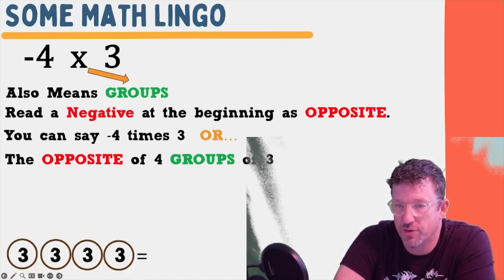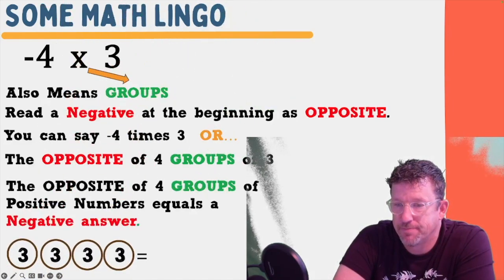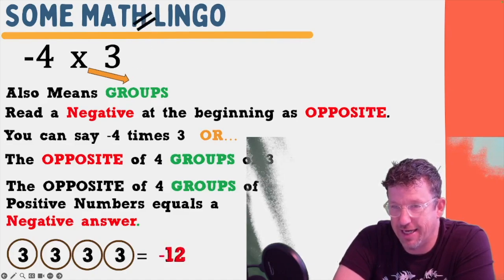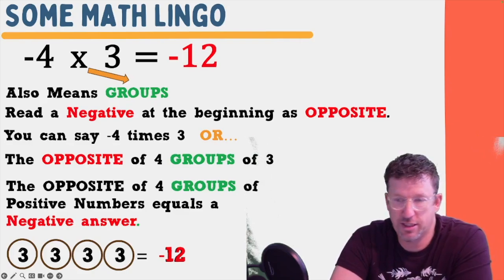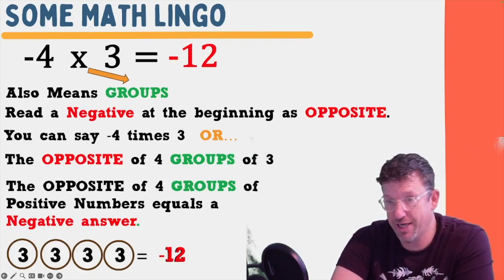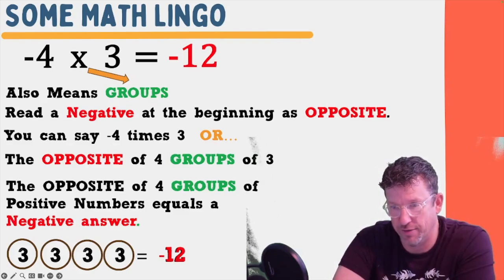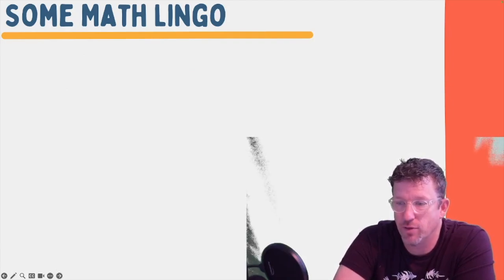Well, here's 4 groups of 3. And it's going to give us a negative number because 4 groups of 3 is 12. But we want it to be the opposite of that, which makes it a negative 12. So our answer is negative 12. So 4 groups of 3 would be 3, 6, 9, 12. But we want the opposite of that, negative 12. Booyah.